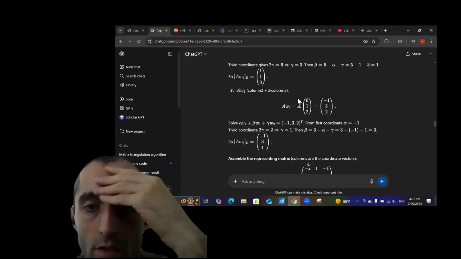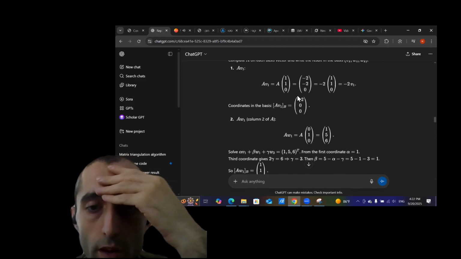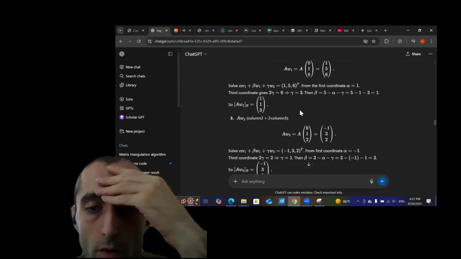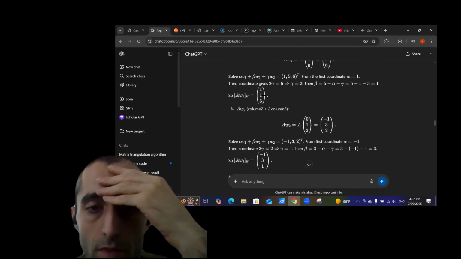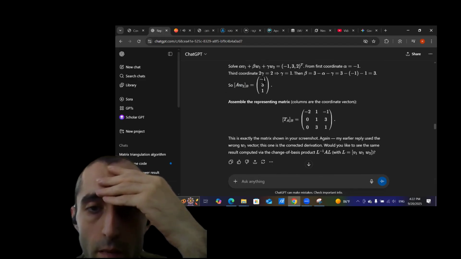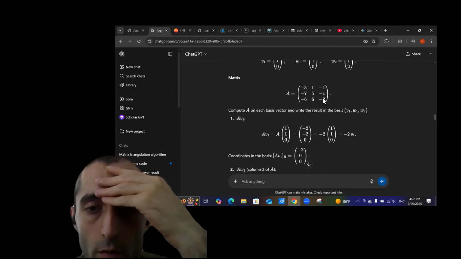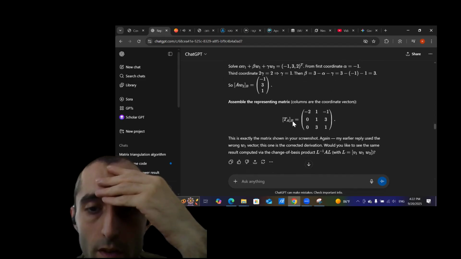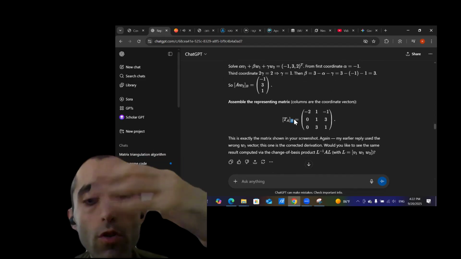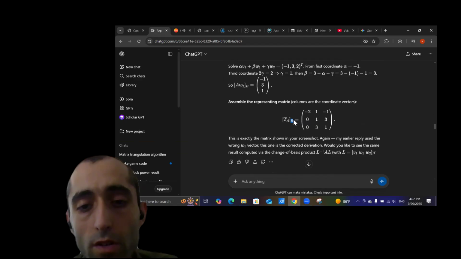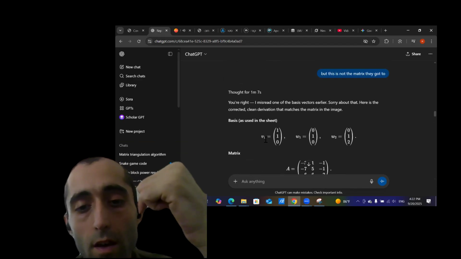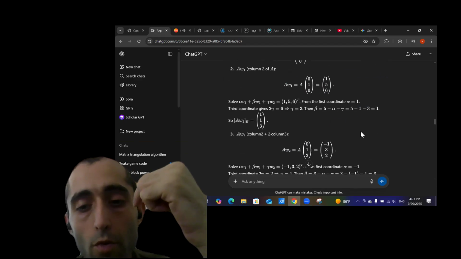So this is the result. We just took each one of what we got, -2, 0, 0 for the first column, 1, 1, 3 for the second column, and -1, 3, 1 for the third column. And this is the matrix that we started from, but represented in the base we wanted, capital B in this case, built from those three vectors.